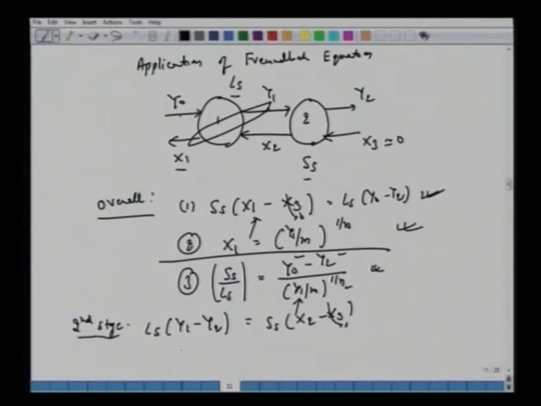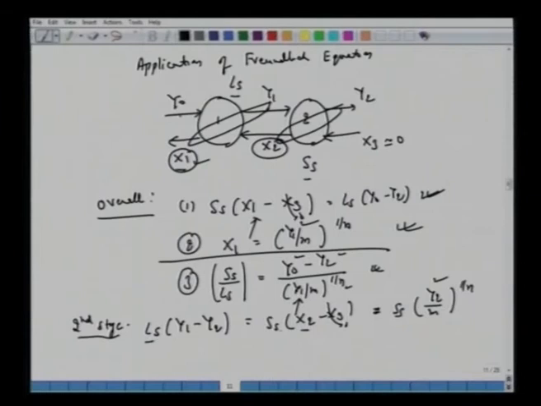Here we can write SS x2, and again x2 in terms of (y2 over m) to the power 1 over n, since x2 is in equilibrium with y2. All we have done is replace the solid phase concentrations x1 and x2 with the corresponding y1 and y2. So we have this second independent equation, and the two together.